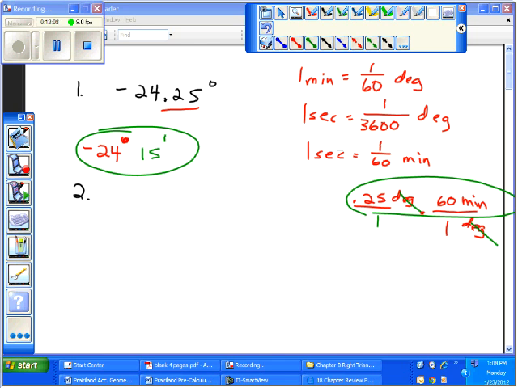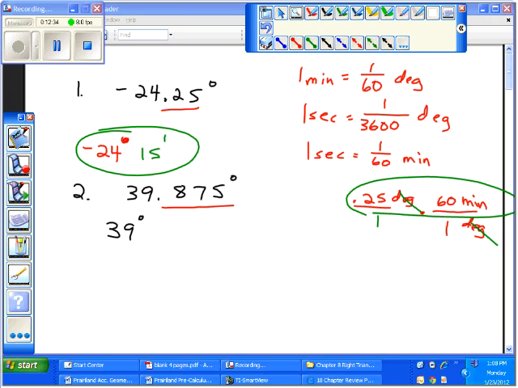Number two, we have 39.875 degrees. Now, we know that the 39 degrees is 39 degrees, but we have a decimal left over. And really what we're doing is that dimensional analysis stuff, right?